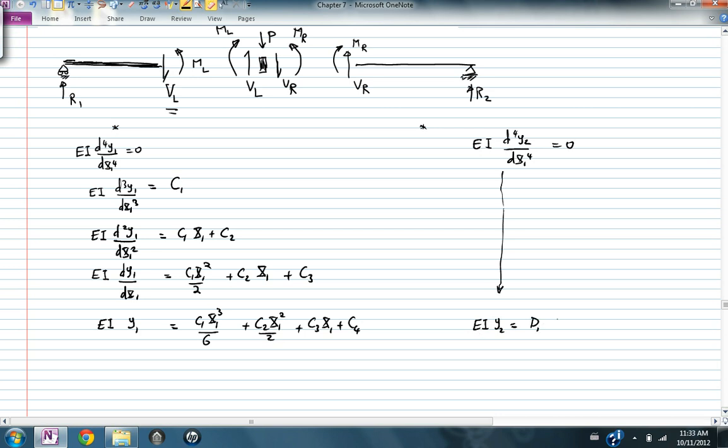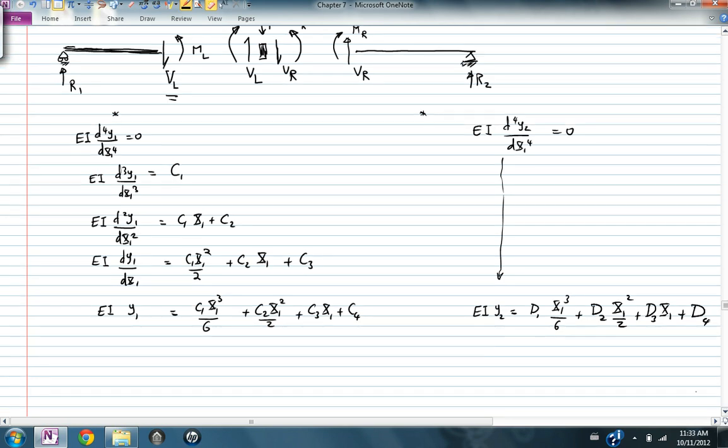These are the different constants. D1 x1 cubed over 6 plus D2 x1 squared over 2 plus D3 x1 plus D4. So I have 4 constants on the right and 4 constants on the left that I need to find using the boundary conditions.